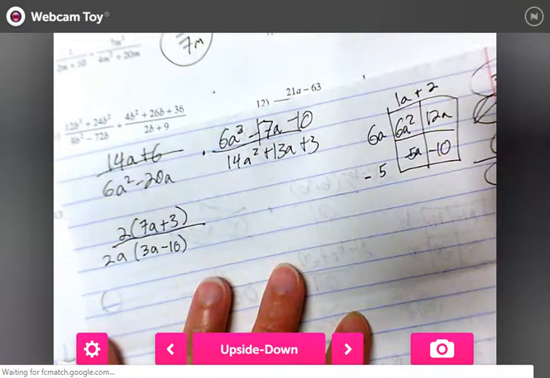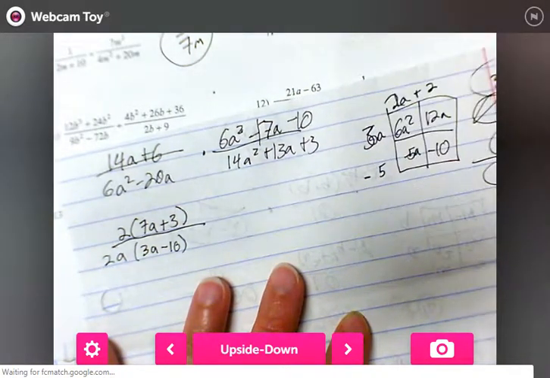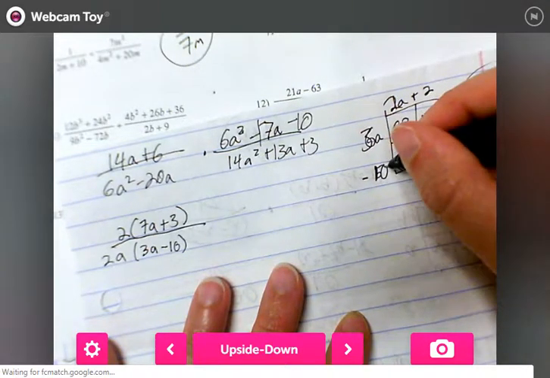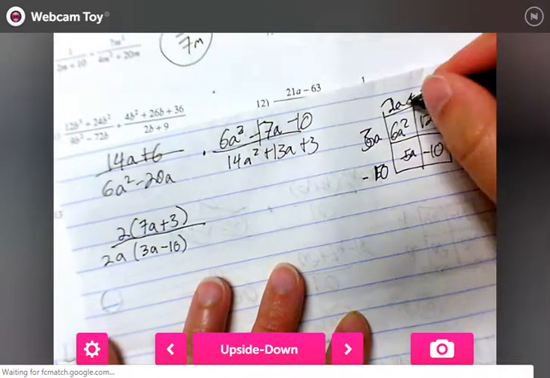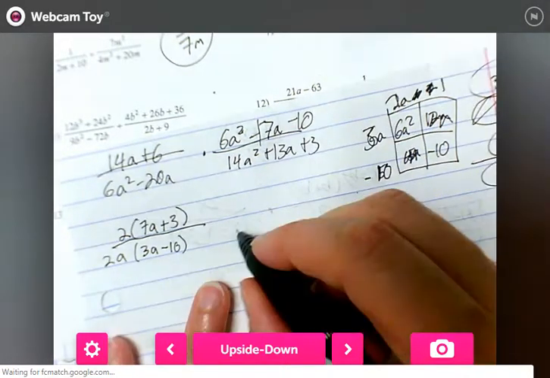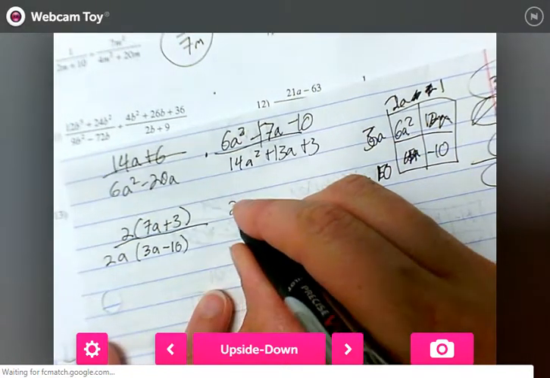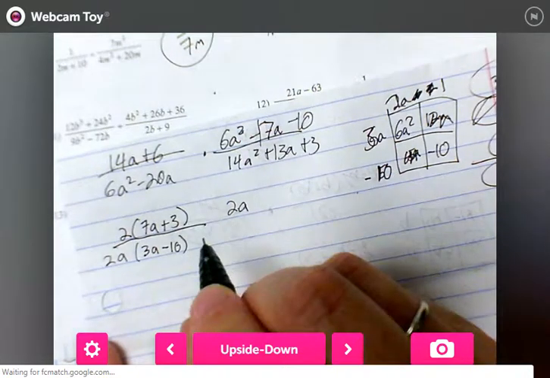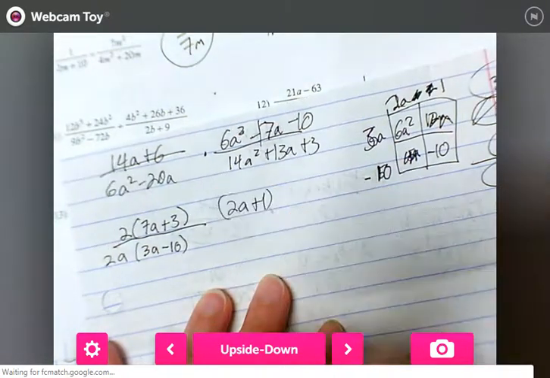So I want 3 and 2, and this to be 10, and this to be 1. There we go. Now I'll get it. So I've got 2a plus 1 and 3a minus 10.